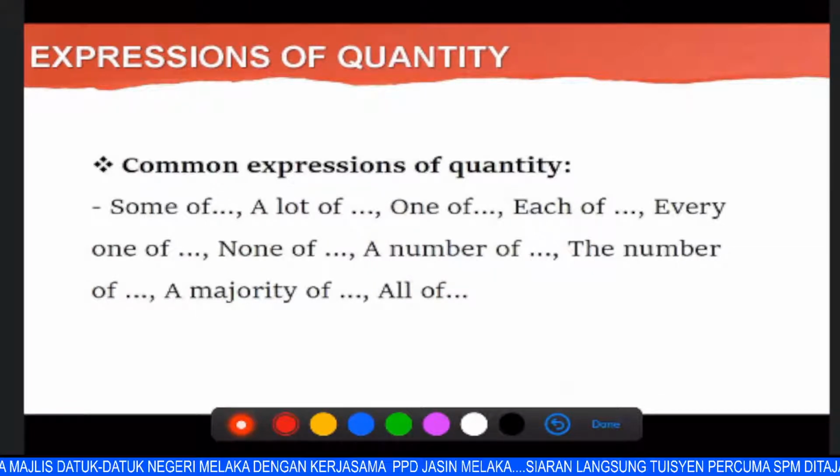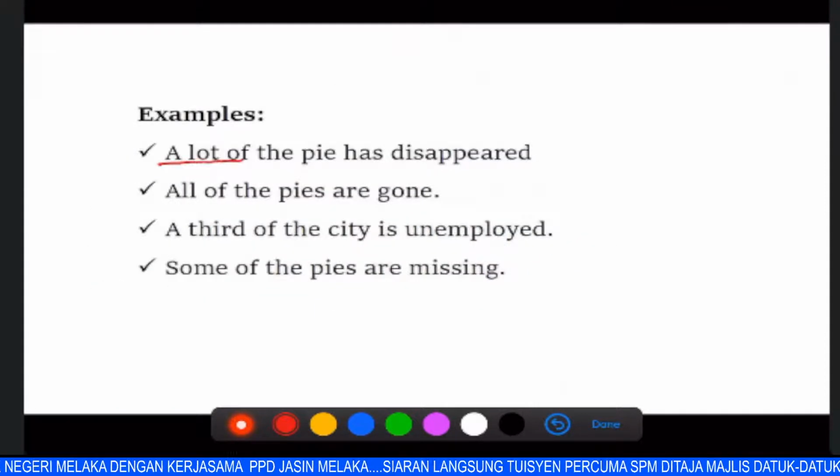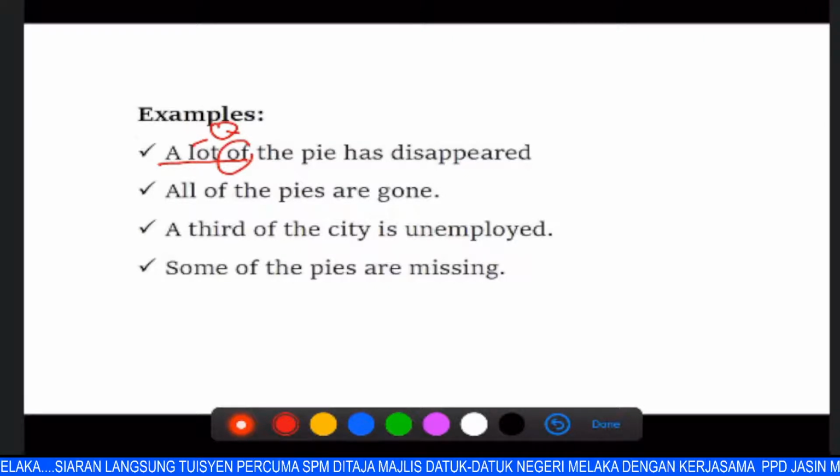The first example uses the expression a lot of. A lot of the pie has disappeared. This indicates the quantity. After the word of, can you guess the subject? The subject is the pie. Is it a plural or singular subject?